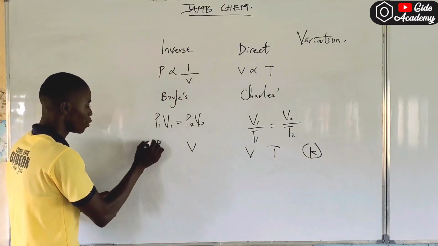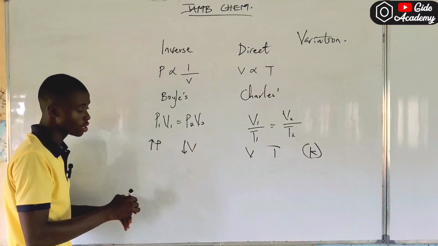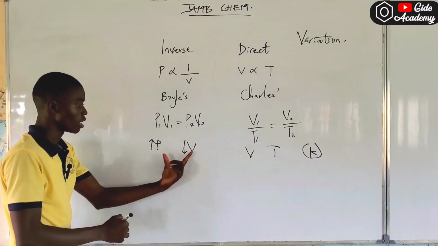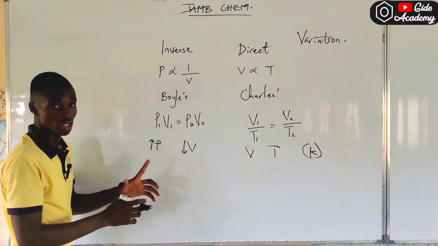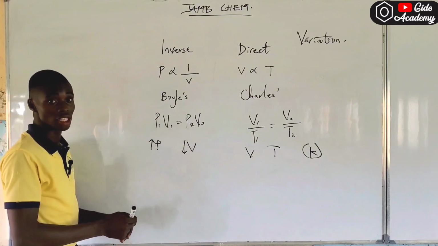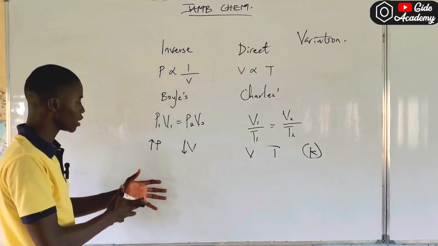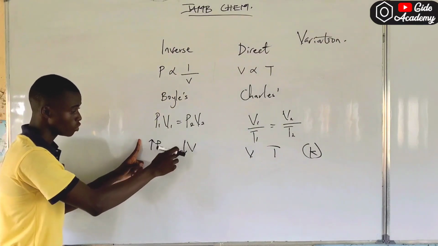Inverse means when pressure increases, volume decreases. I repeat, if pressure decreases, volume will increase. So that's to say, volume will do the opposite of pressure in terms of increase and decrease.